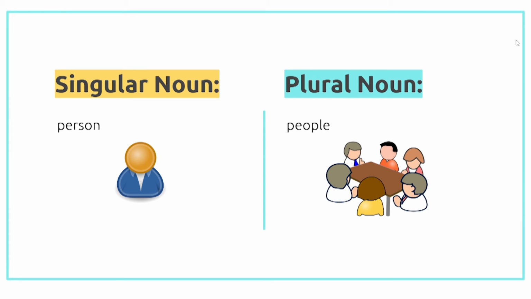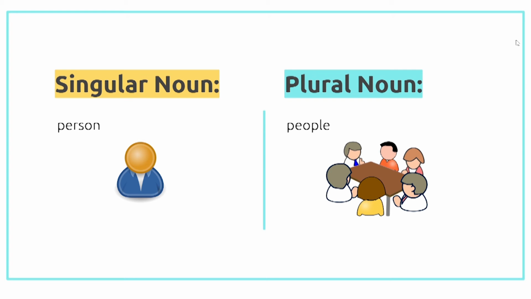This is also the case for people. Referring to one individual, person, plural being people. So one person or one individual, people, a collective group of individuals.